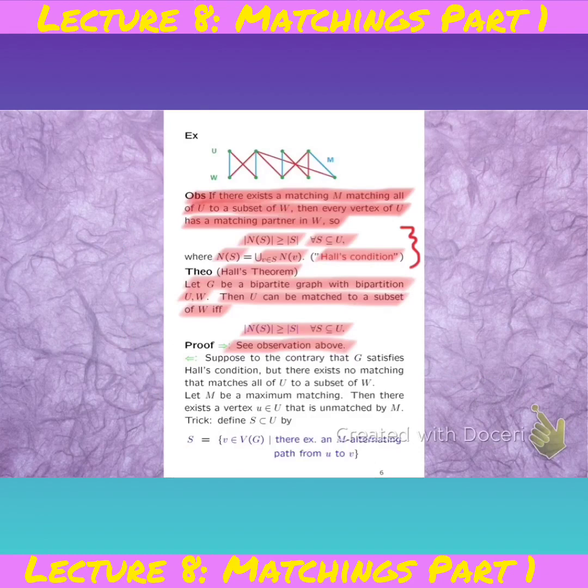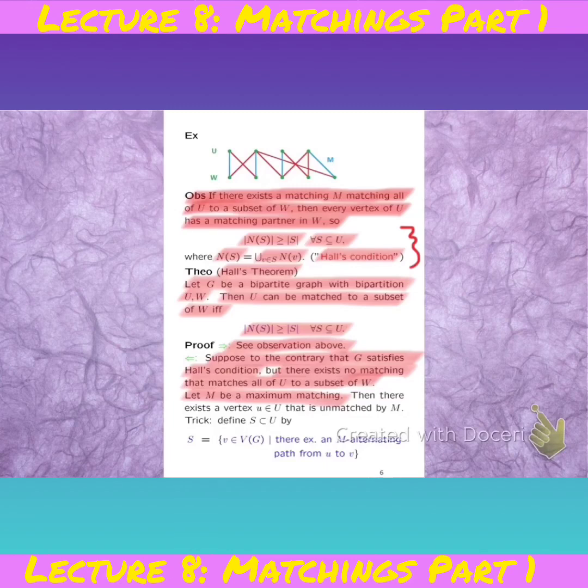So we are going to assume that G satisfies Hall's condition, but unfortunately there exists no matching that matches all of U to a subset of W, and then we're going to use that to get a contradiction. How we're going to do this is, let's choose M to be a maximum matching, and I want you to keep in mind everything we've done on matchings up until now.